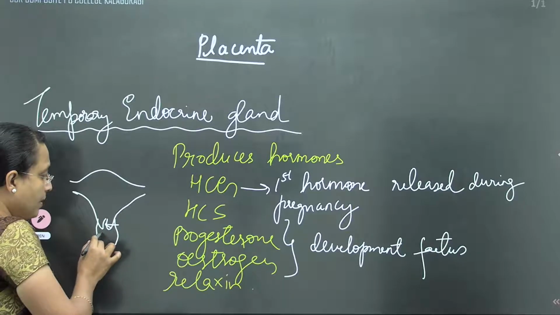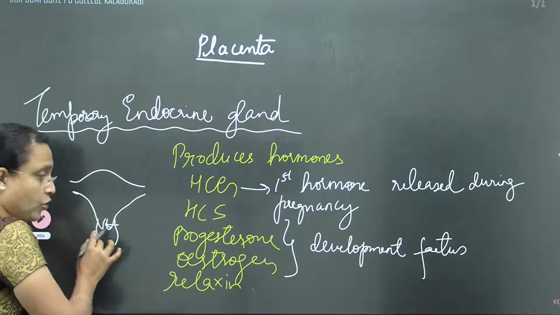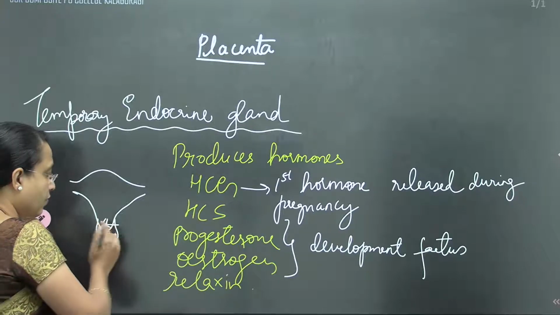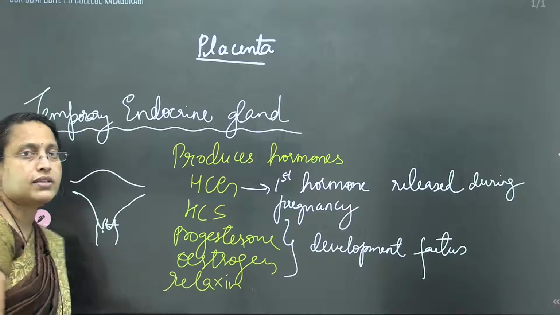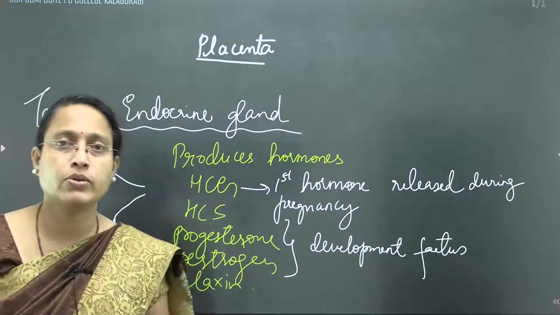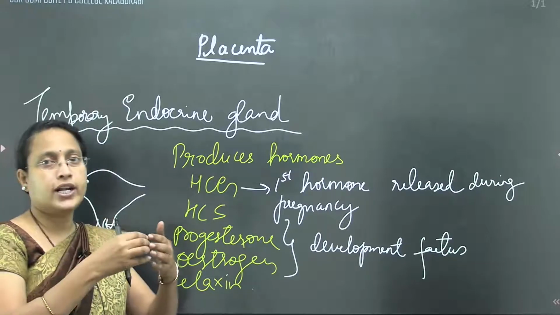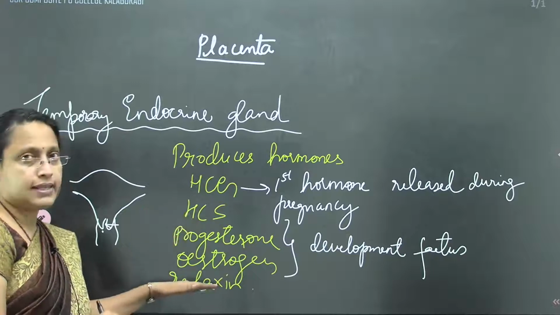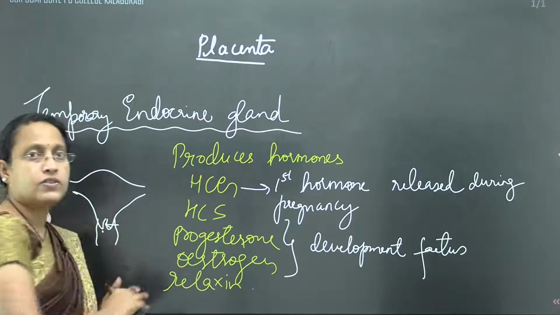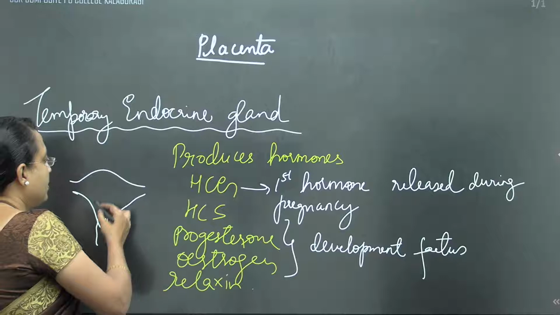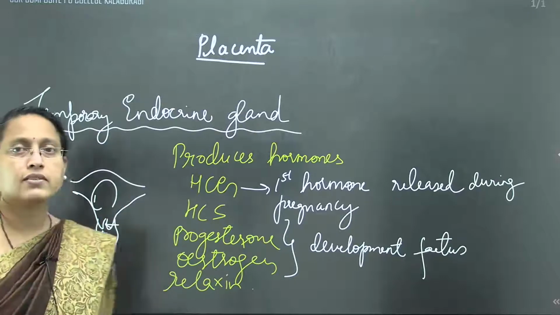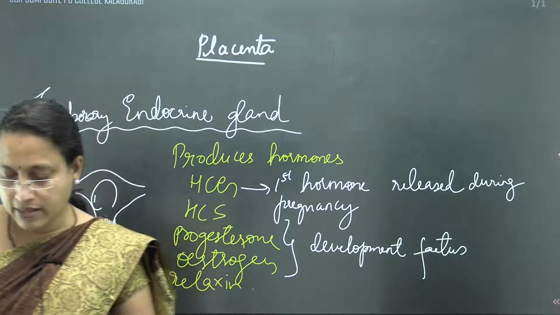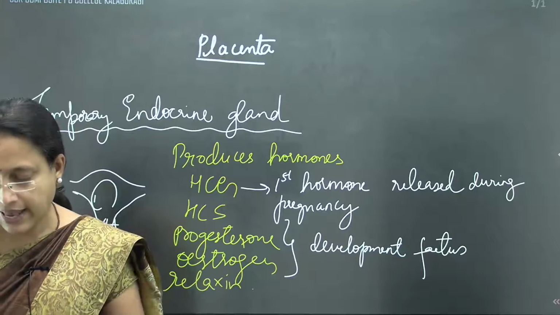And also the joint that is present, the pubic symphysis, which is part of the coxal bones, needs to loosen. The loosening of this joint occurs due to relaxin. As a result, even widening of the cervix occurs. So the delivery process occurs very easily. So that is the function of relaxin.